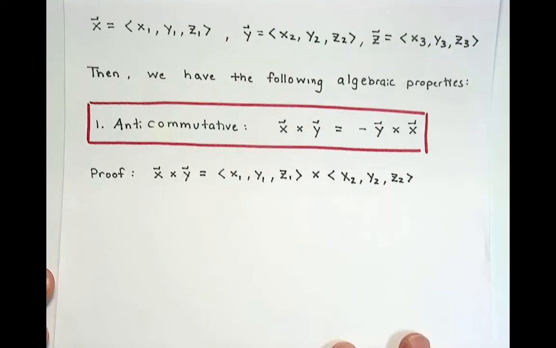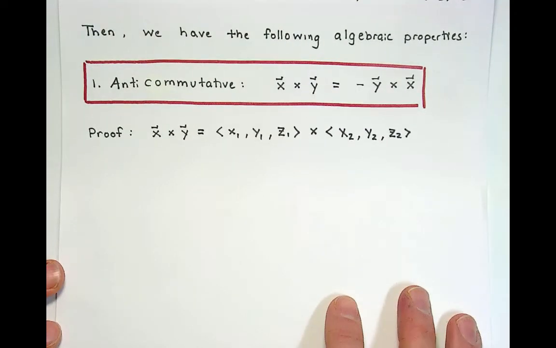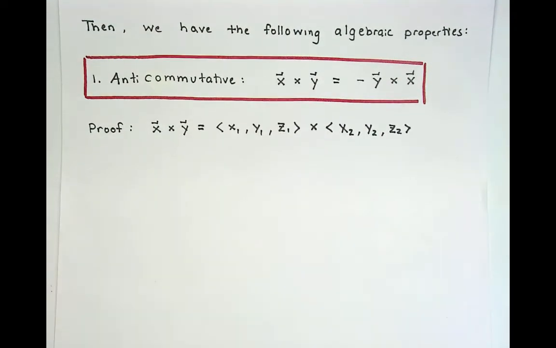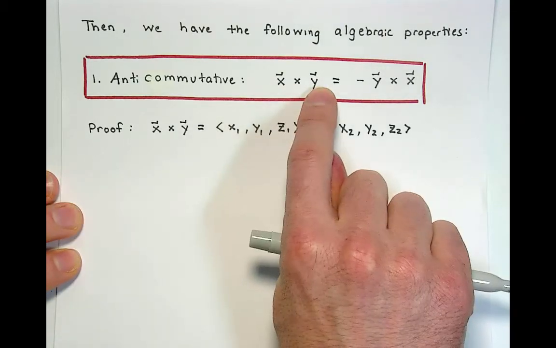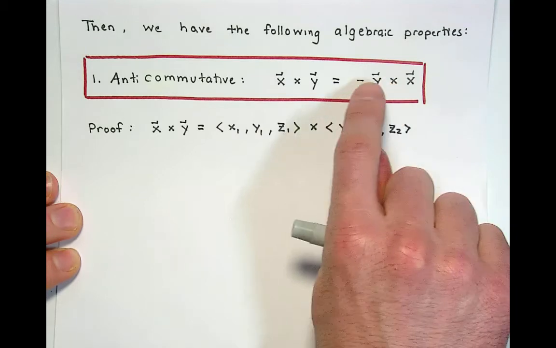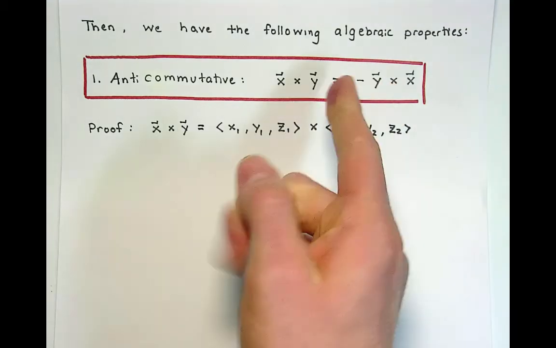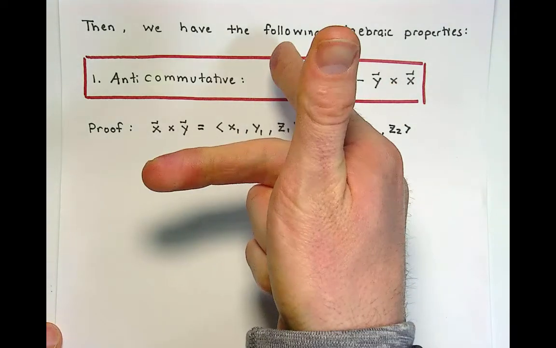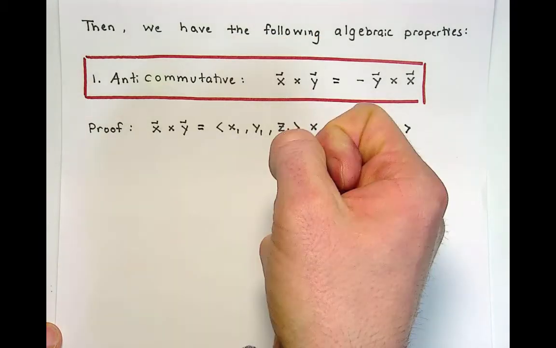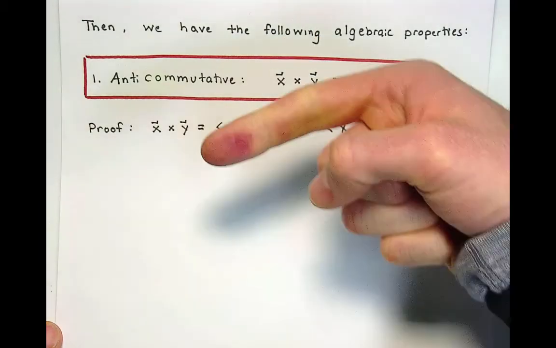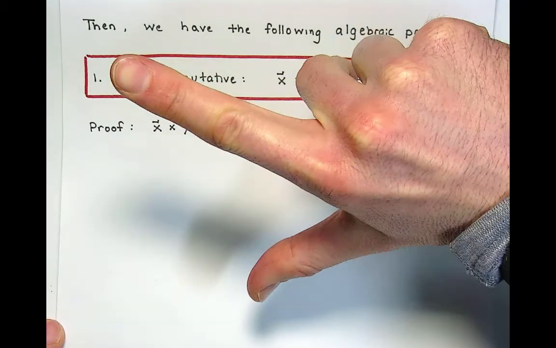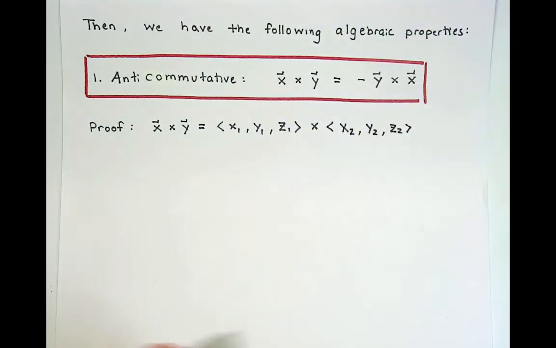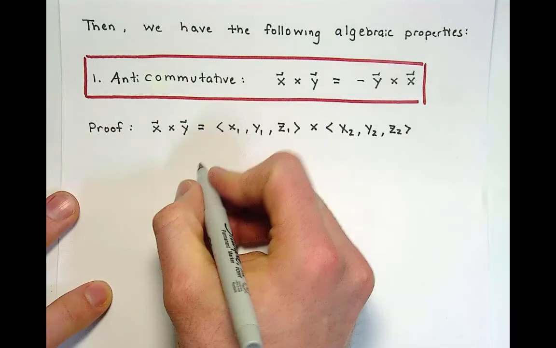We briefly discussed this in our beginning conversation about what happens when you take i cross j versus j cross i, and we saw on the right hand rule that i cross j is positive k, whereas if you took j cross i, so you're going to have to do this at home, negative k, and we see that those are negatives. I want to go ahead and establish that formally by actually doing this out.